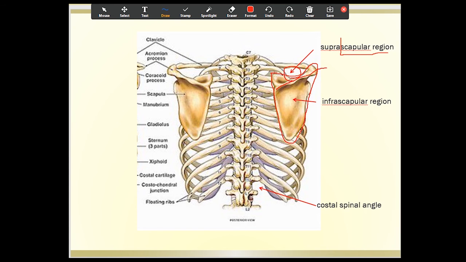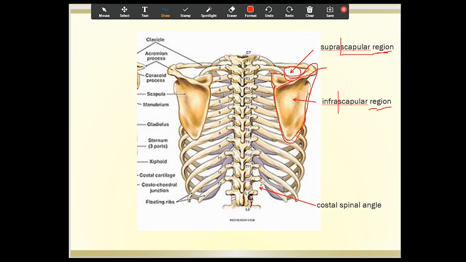Below it we use the same words: infra scapular region. Some books even still use fossa, the same idea. So that's around the scapula bone.